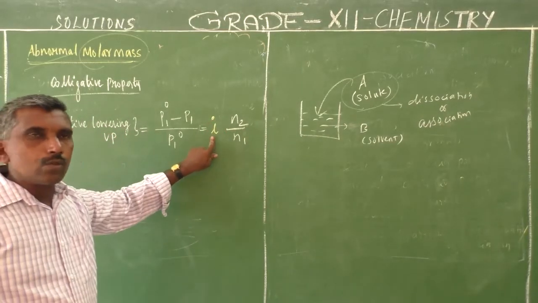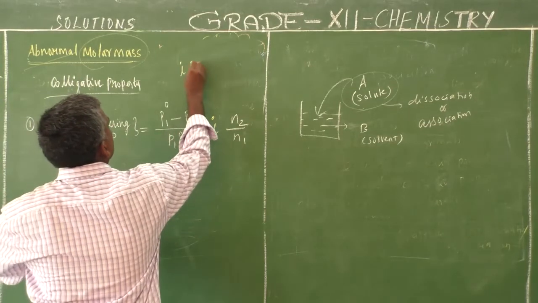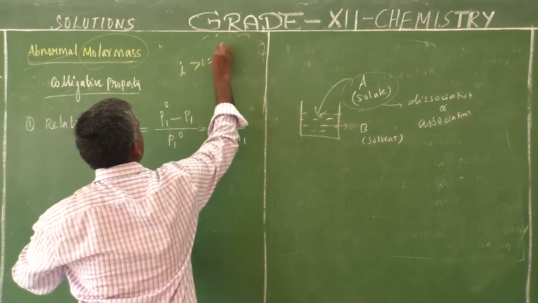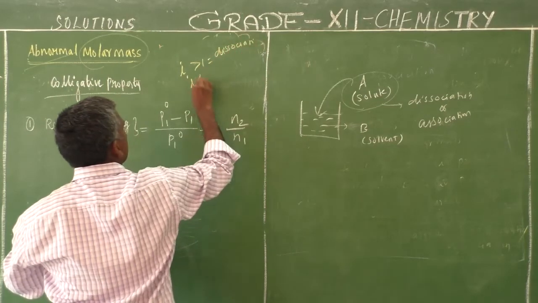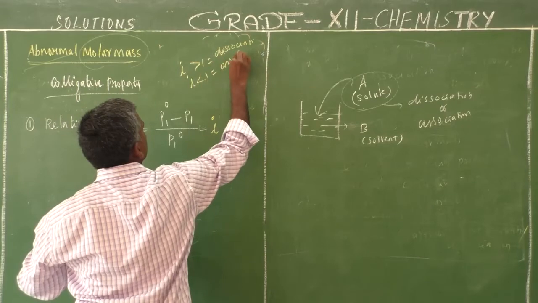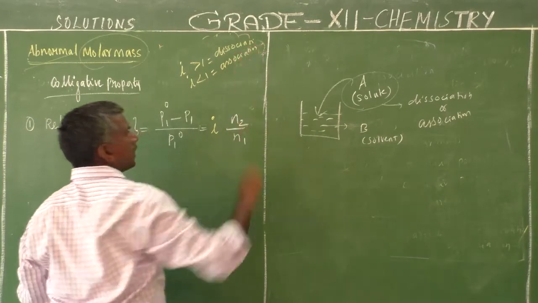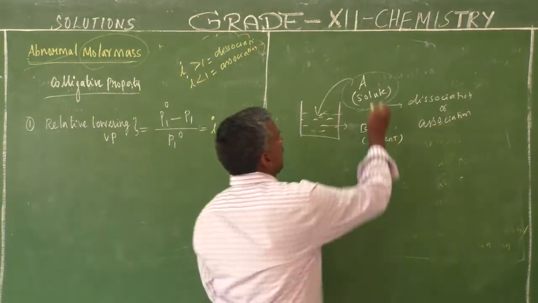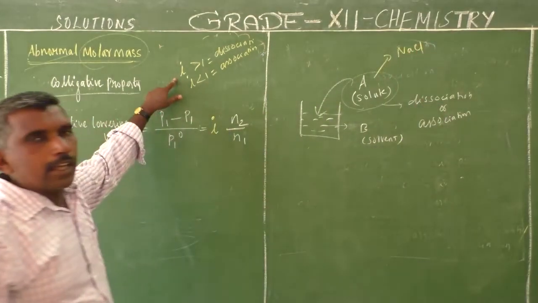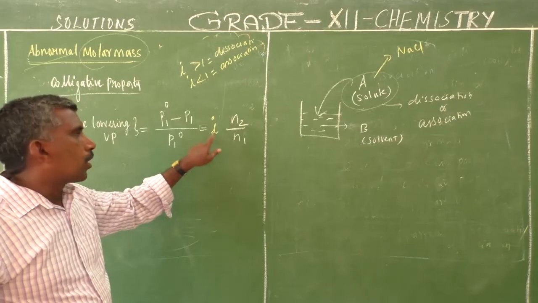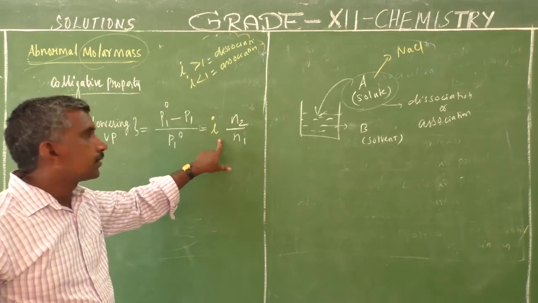The i value is more than one for dissociation and less than one for association. When the solute is sodium chloride, the i value is greater than 1, like 1.2, 2 or 3.